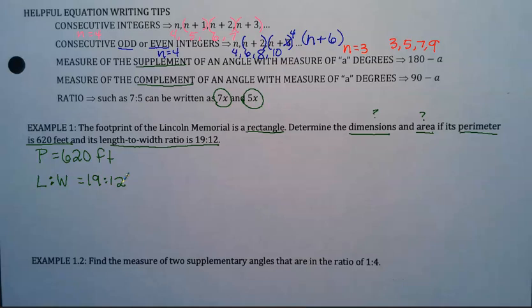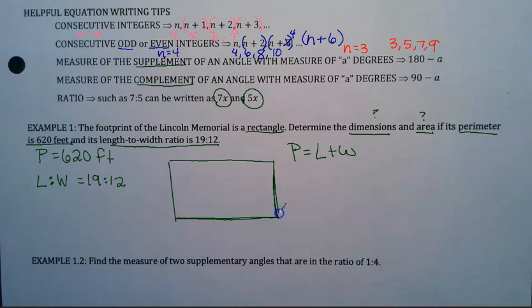We know it's a rectangle, so I'm going to draw a rectangle of my Lincoln Memorial footprint. We know its perimeter is 620 feet, and perimeter is the length plus the width, multiplied by 2.